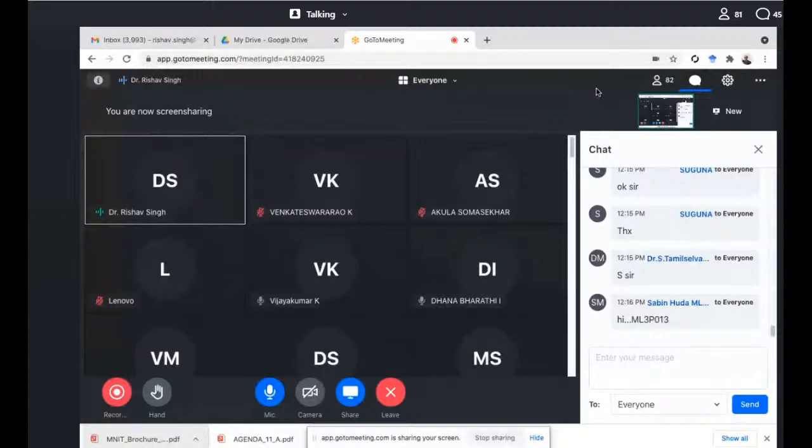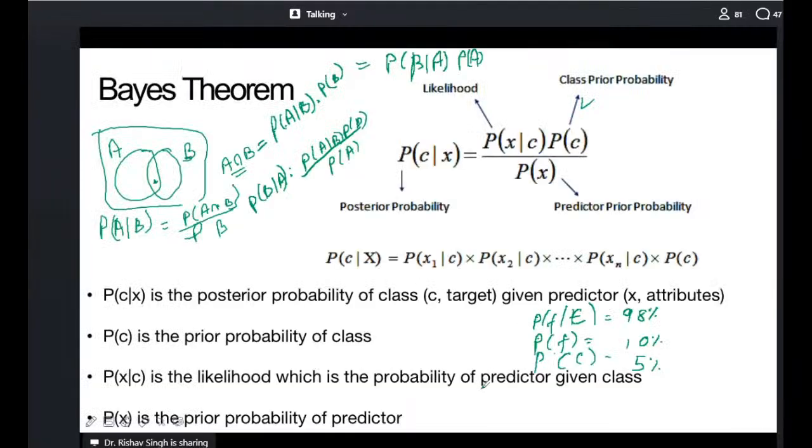That means if the person is a COVID patient, there is a 98% chance that he will have fever. Probability of fever is 10%, probability of COVID is 5%.